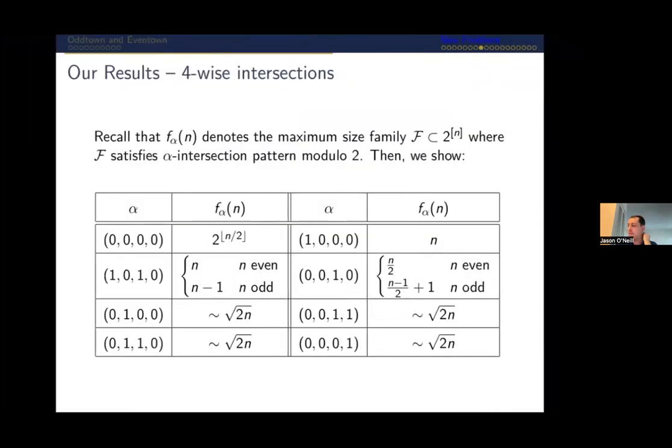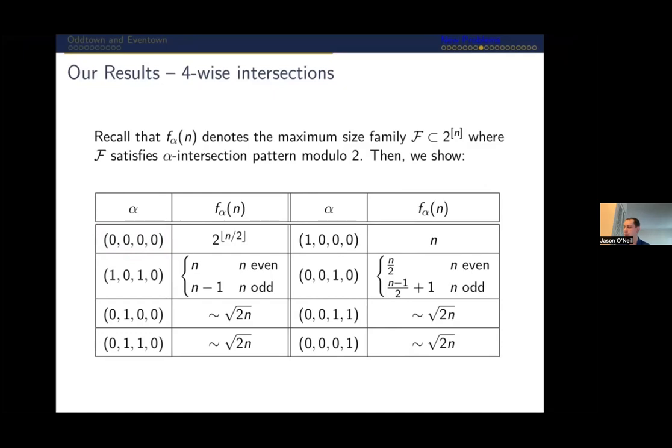Now you can ask the same thing, but now with 4-wise intersections. So in this table here, I could include 16 new problems, but I'm actually just going to save some space and include one of them, with the understanding that the dual is going to be similar.